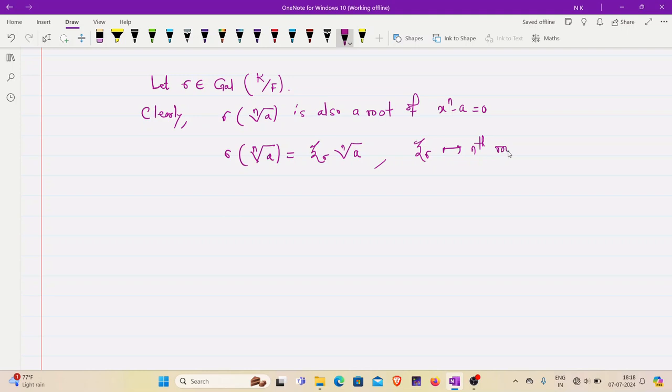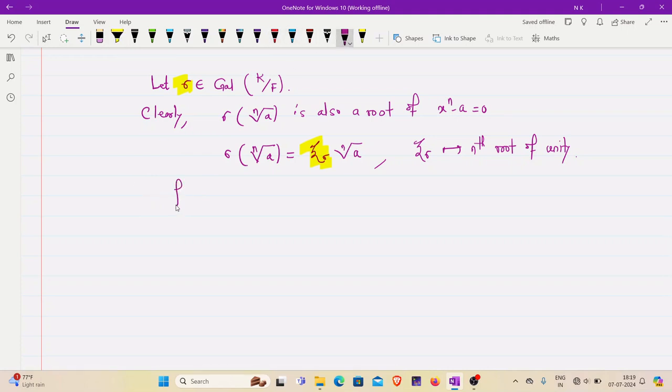This establishes a map, or correspondence, between the Galois group and the nth roots of unity, because when we took sigma from the Galois group, we obtained an nth root of unity, that is xi_sigma.